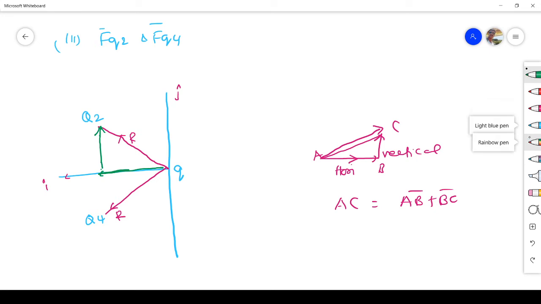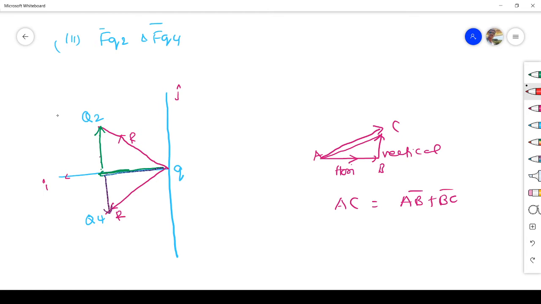Similarly, I resolve this r vector into two components, one horizontal component and another one vertical component. Clear? So this horizontal, this addition, this plus this will give this one. Similarly, this plus this will give this one. Clear? So that's our motto, right?